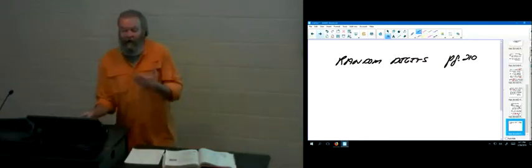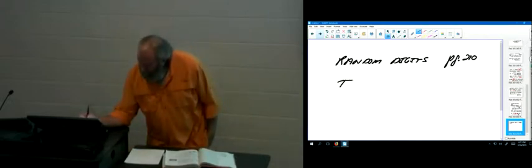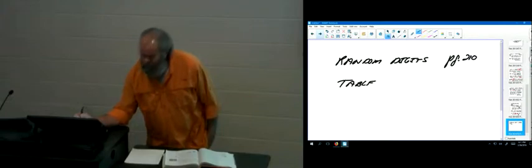Now, this idea of a table of random digits: what table have we been using all along?